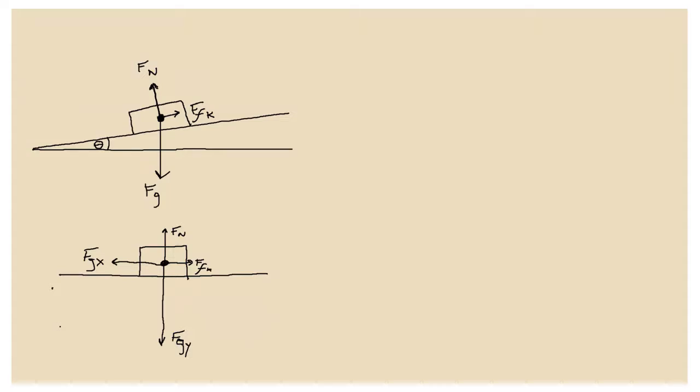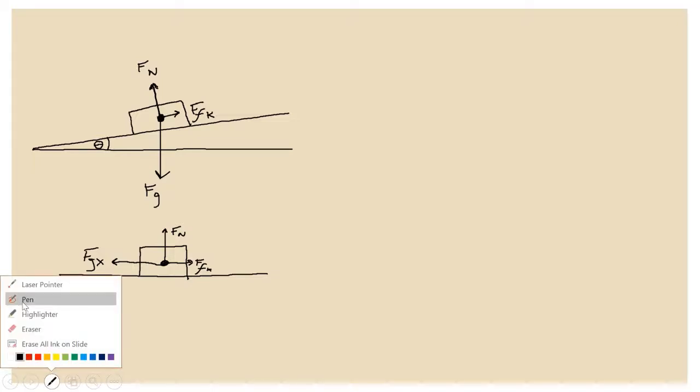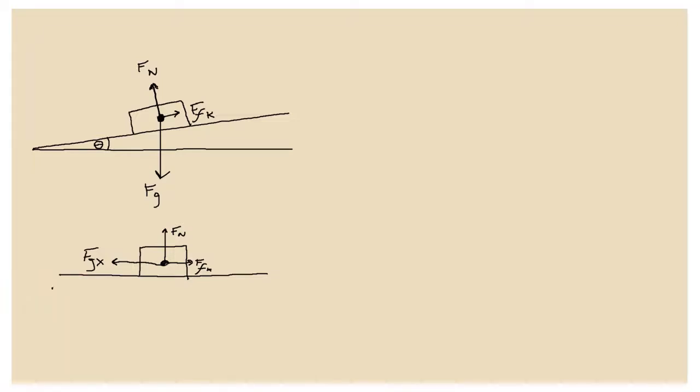And so it should be noted for everybody at least, because this is really wacky the way this is drawn, I know I said I'm not doing this to scale, but since this is just FGY, this really is exactly equal to the normal force. And so I'm not going to take out a centimeter ruler and check anybody's diagram or anything, but it should be shown as being equal to the normal force.